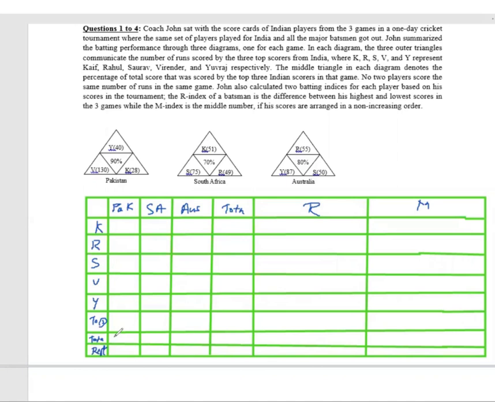Like against Pakistan, Y scored 40, V scored 130, and K scored 28. Top 3 total is coming as 198, which is 90%. If 90% is 198, the rest 10% is 22, which is here, and the total is 220.